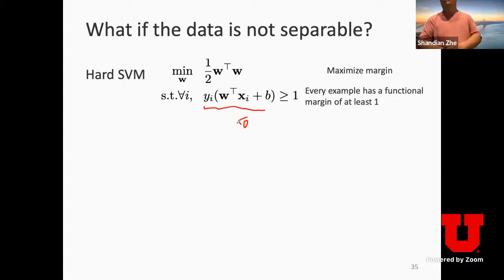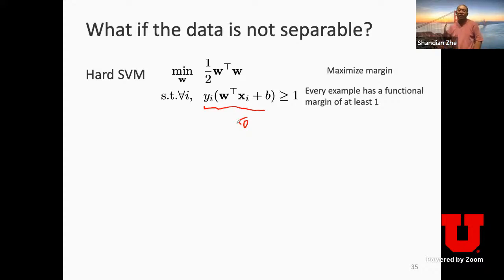Then the optimization will give you empty results, because you cannot find any W, B which satisfies all the constraints required. It will tell you your optimization problem is infeasible. Your feasible region is empty. Any questions so far?